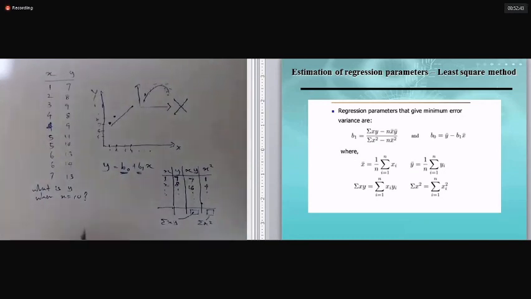Now remember, you have to first find x bar and y bar.